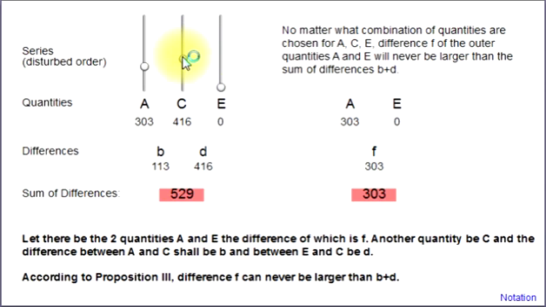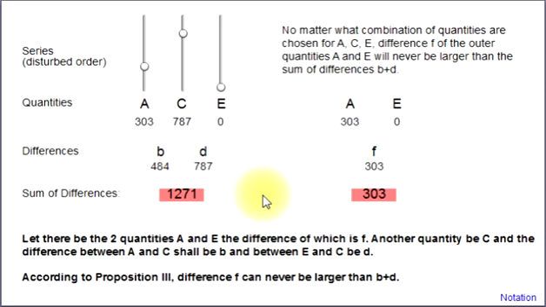And you see, because I'm moving now with this C slider away from the first element and also away from the third element quantity, this means that the quantitative difference between the C element and either one of these outer elements is going to increase. And hence this is going to change the sum of all differences. So B is going to be getting larger and D as well.